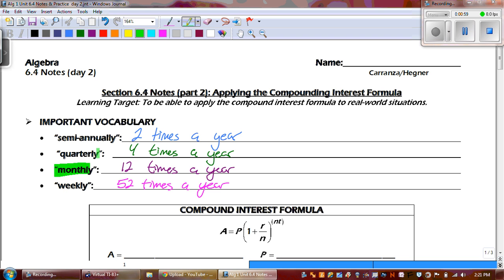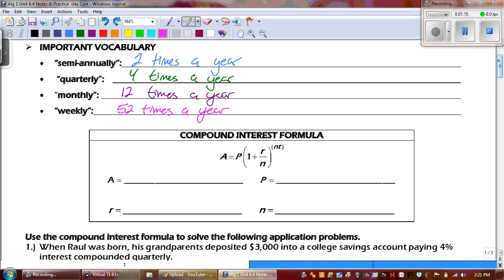How many months are there in a year? You better not be saying 52. And then the last one is weekly. How many weeks are there in a year? 52.